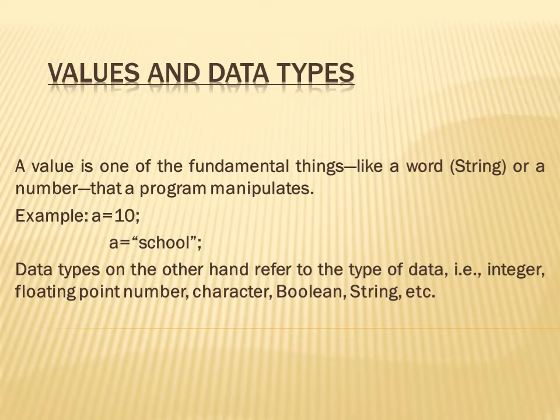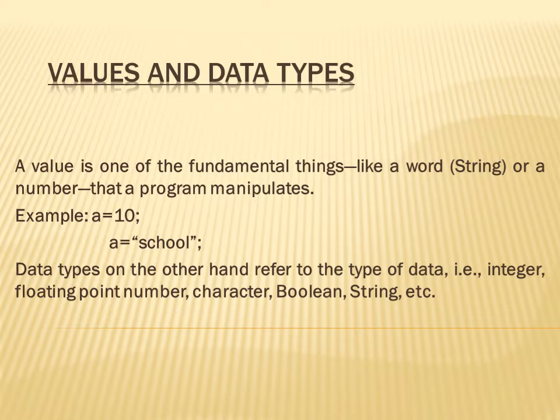Another example, a equal to "school", written inside double quotes, so it is called a string. So the first variable holds the number value and the second variable holds the string value. This is called value.